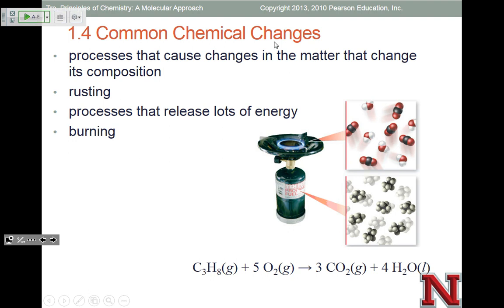Well, when we're talking about a chemical process, we're changing something about the chemical composition. We won't always see a huge difference in the change in energy. And again, in this particular chapter, we're really just doing an overview. And we'll be looking at, in a lot of detail, some thermodynamics of what happens when we have a chemical reaction. So we'll look at more examples of those kind of things. But it's a chemical change as long as we are changing the chemical makeup.